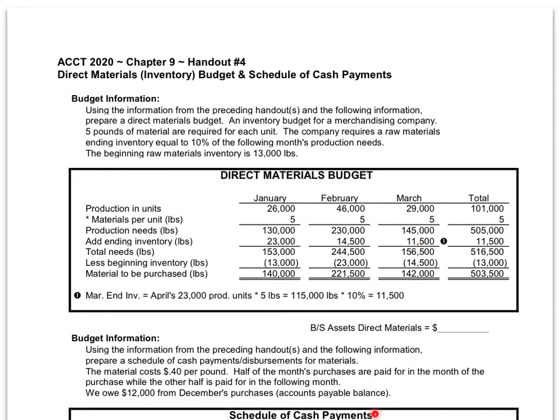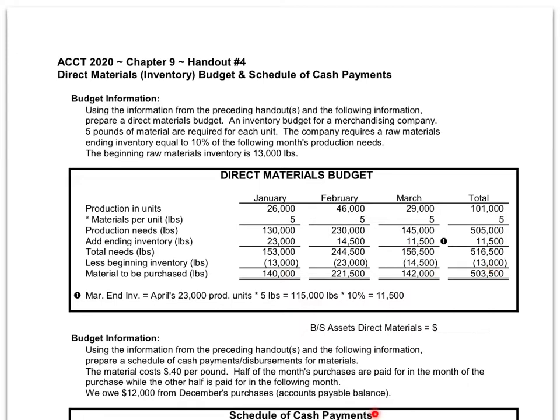Now, the key that I want to focus on is in the total column, because you can't just add all of these across, nor can you add all of your beginning inventory across, because the beginning of that quarter is January 1. On January 1, your beginning inventory was 13,000, and so 13,000 goes in the total column.